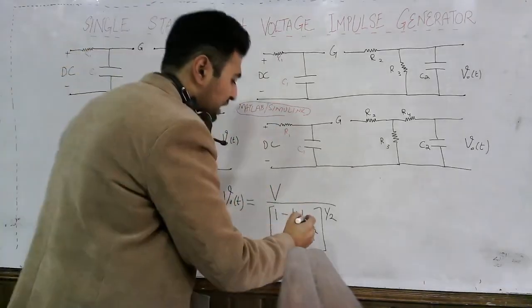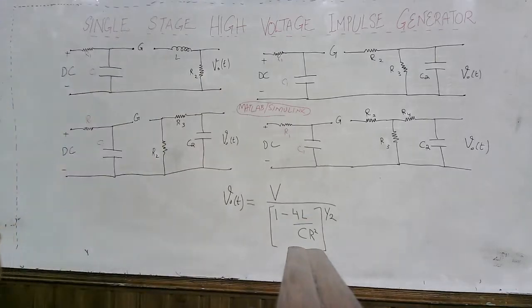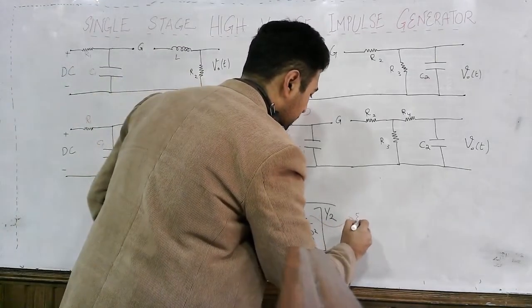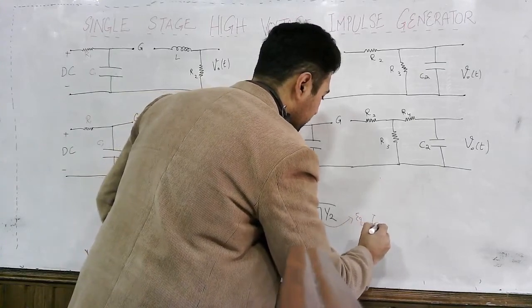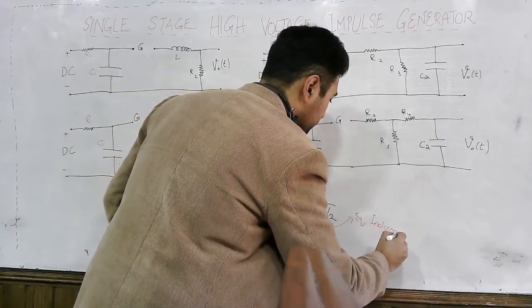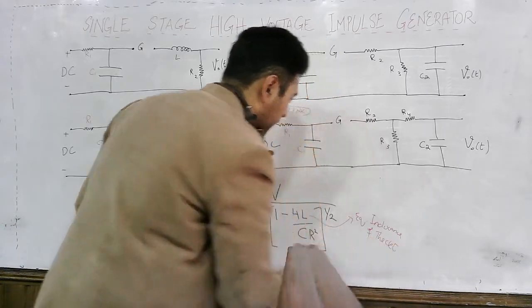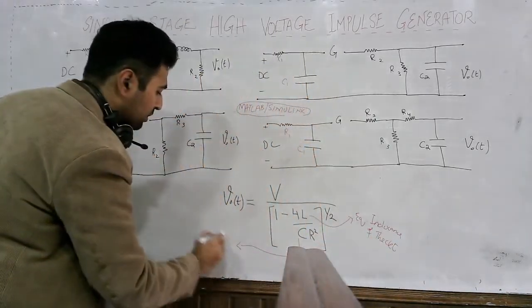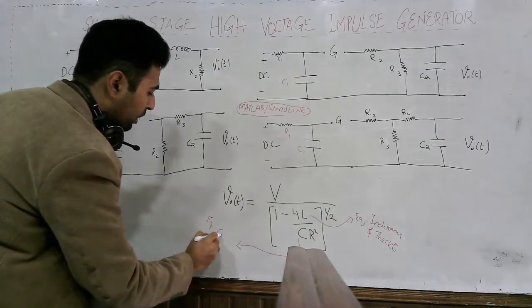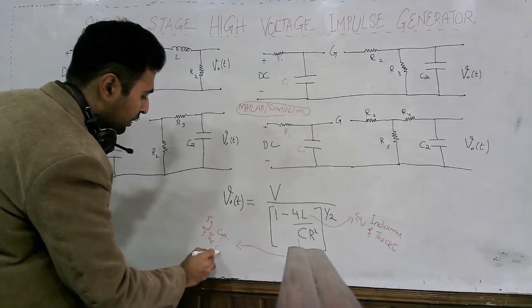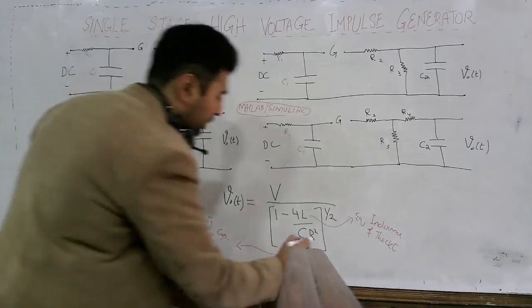L, now what is L? L here is the equivalent inductance of the circuit. And what is C here? C is the equivalent capacitance of the circuit. And what is R?